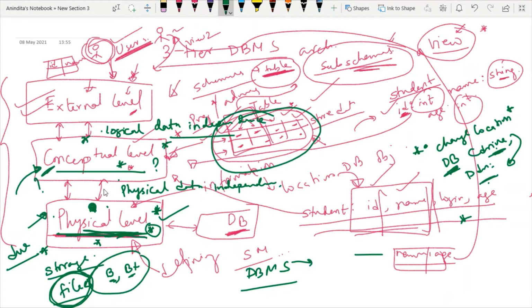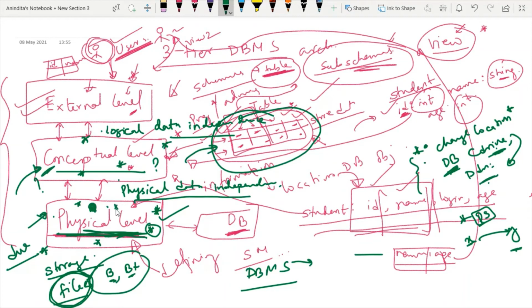Switching to a different data structure. Previously I was using some particular data structure for storing my database. If I change from data structure X to data structure Y, the change in data structure will not affect the tables stored in the conceptual level.